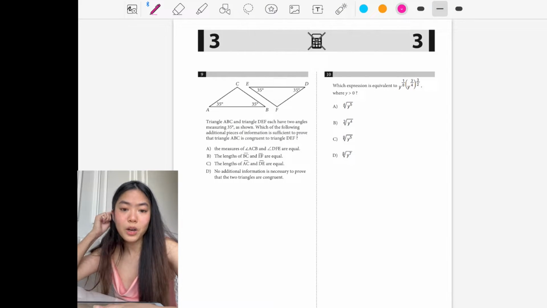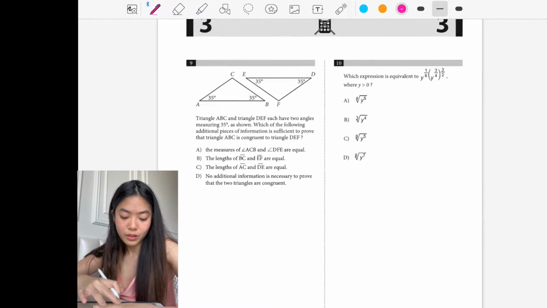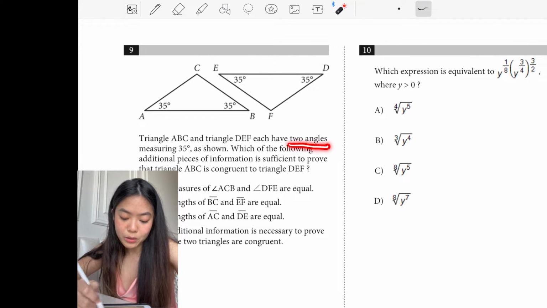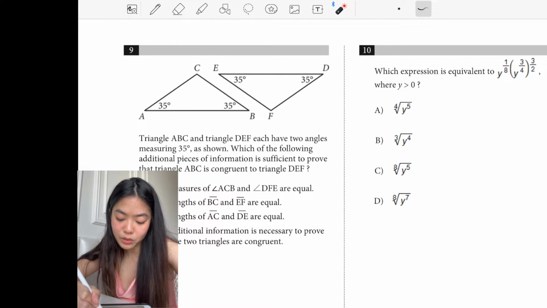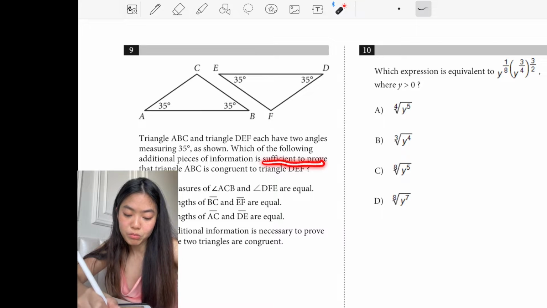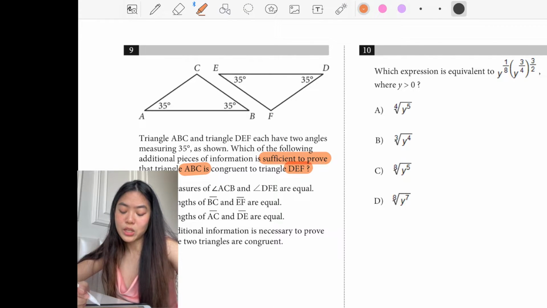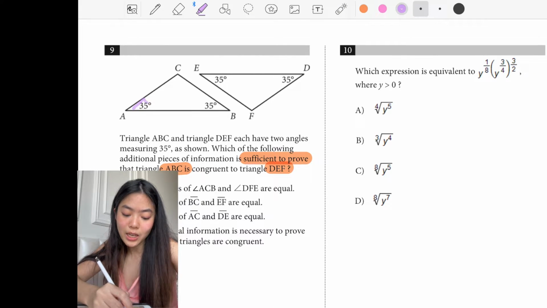Okay. Next one, question 9. Triangle ABC and triangle DEF each have 2 angles. The measure 35 is shown here. Which of the following additional pieces of information is sufficient to prove that triangle ABC is congruent with DEF? From here, what we have is just the angle 35.